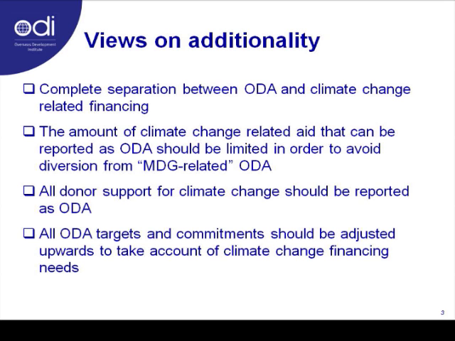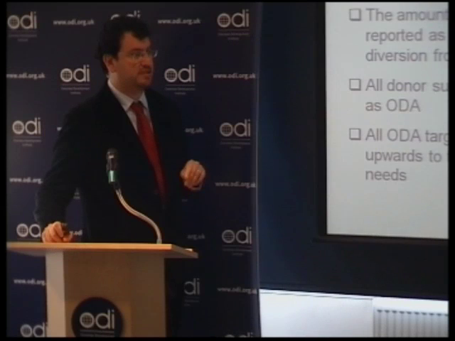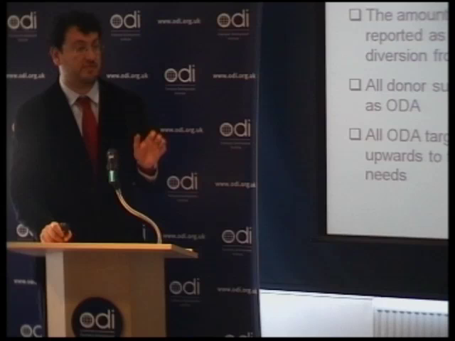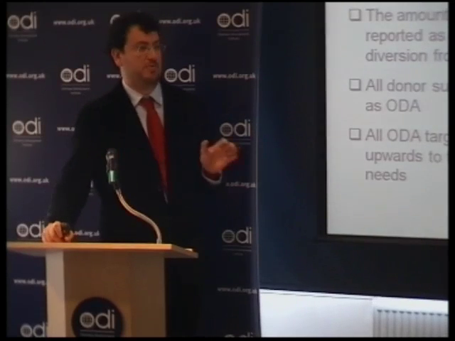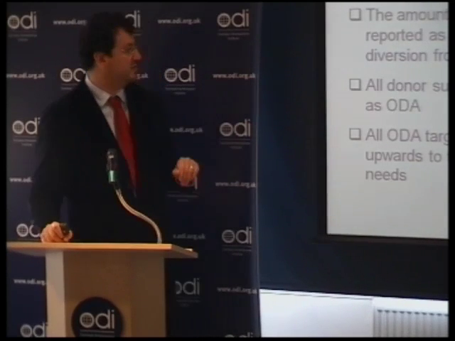Another definition of additionality requires a partial overlapping between ODA and climate finance. This is quite consistent with what Gordon Brown proposed before the Copenhagen negotiations. He claimed that just 10% of ODA could be diverted from official development assistance to climate finance.